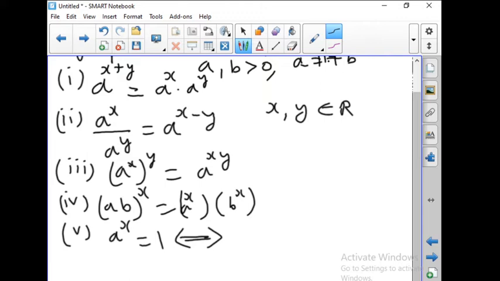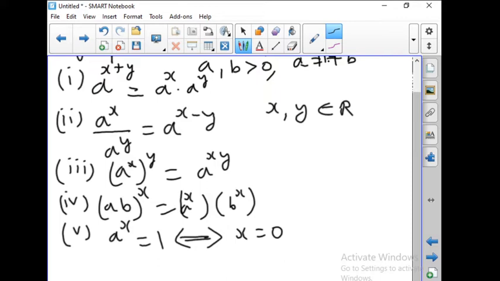This symbol represents if and only if. That is, any number power 0 is equal to 1. 1000 power 0 is 1, e power 0 is 1, 10,000 power 0 is 1, any power 0 is 1.